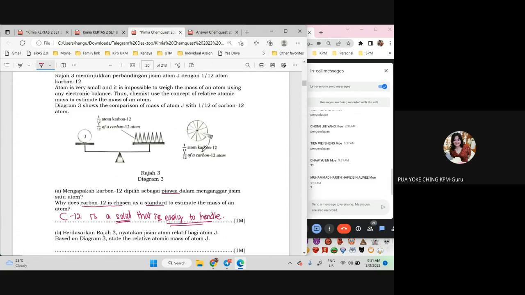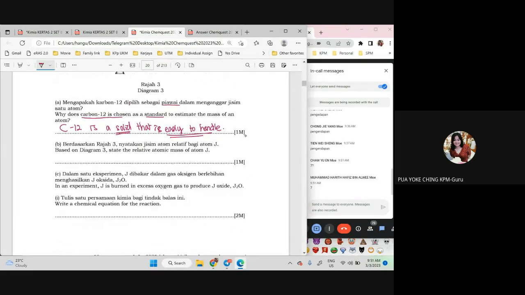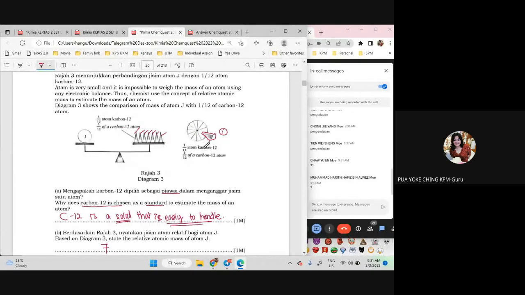Just kira. Sebab kita bandingkan dengan 1/12 carbon 12. So, this one small part is 1. So, kalau J, so you just kira. 1, 2, 3, 4, 5, 6, 7. So, your answer is 7. Okay. This is also a question that kita jarang jumpa. Kira saja.